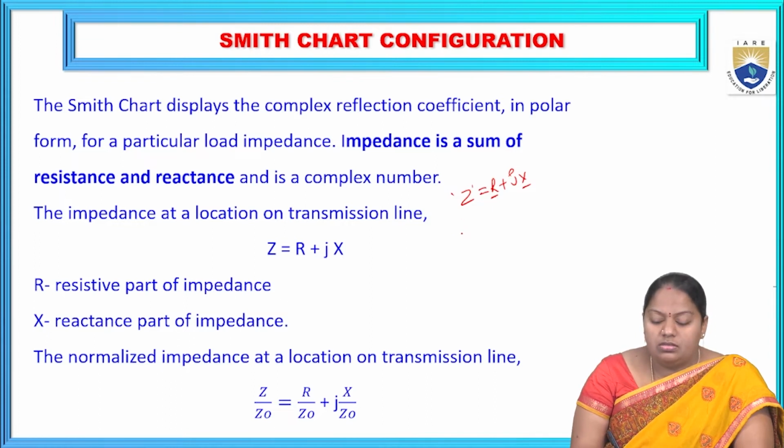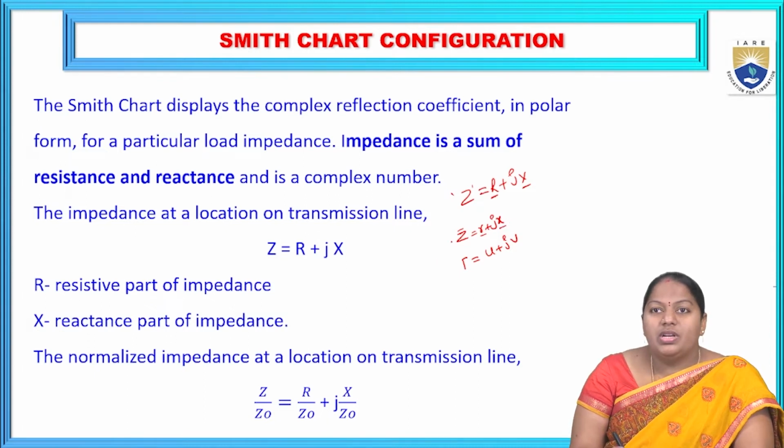input impedance, represented with Z bar, which is equal to r plus jx, and the reflection coefficient gamma is represented with u plus jv. In the normalized impedance, small r is the real or resistive part of the normalized impedance, and x is the reactance part.